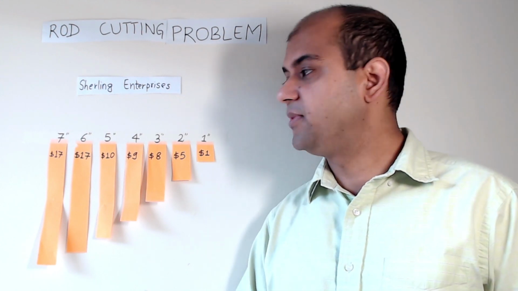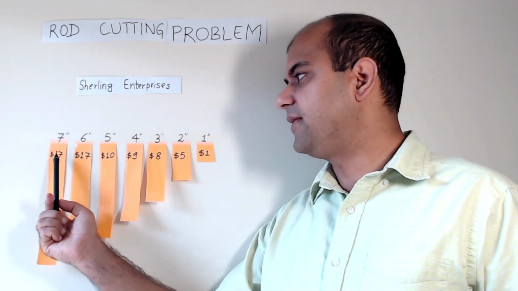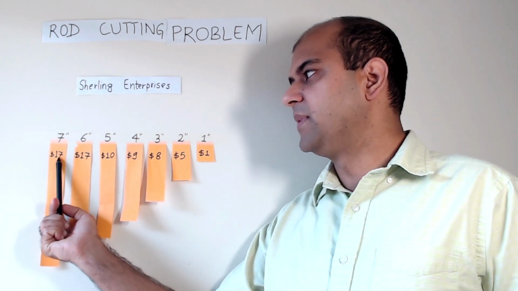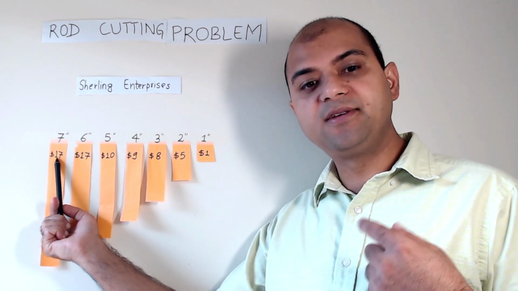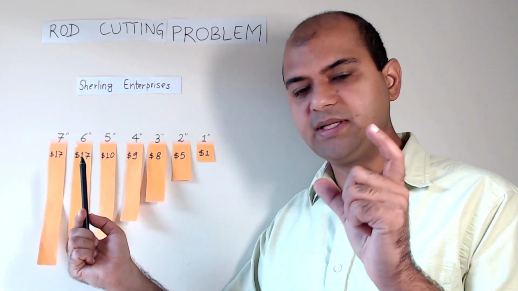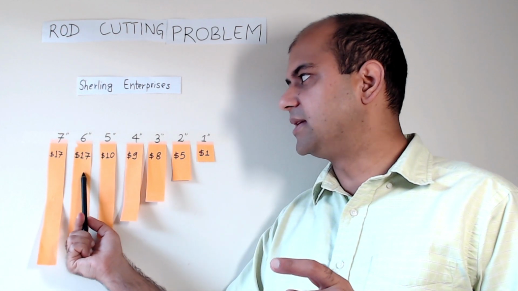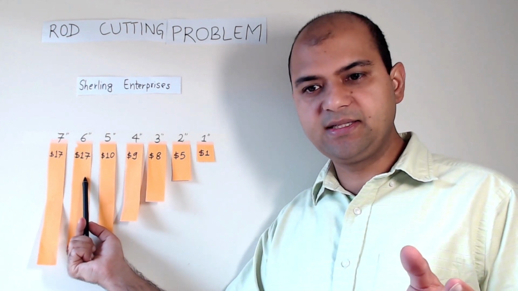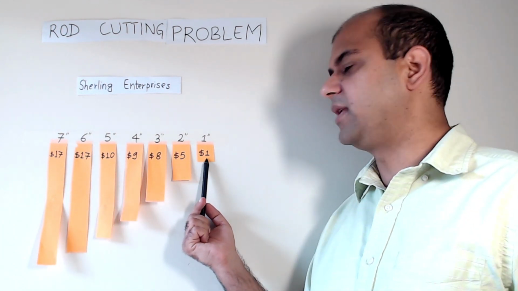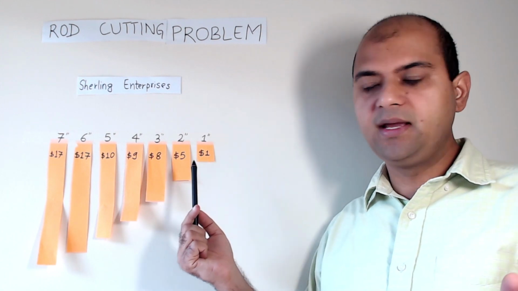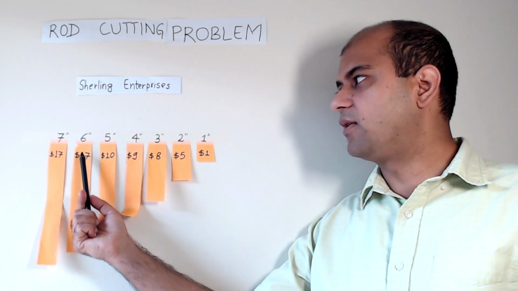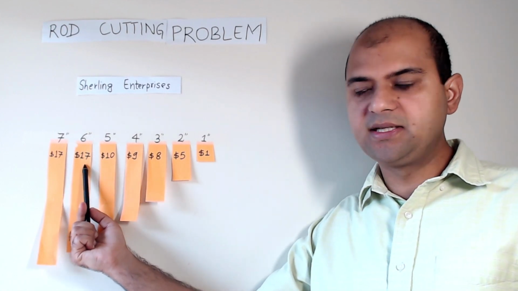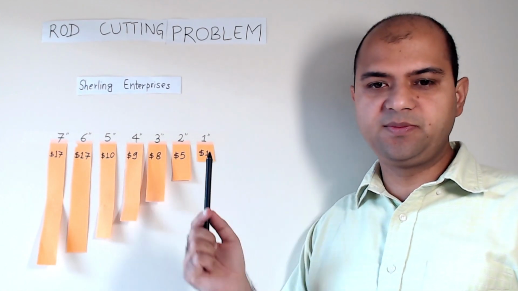Obviously, if I have a rod of length 7 inches, then instead of selling it as it is, it is wiser to cut it into 2 pieces. The first piece will be of length 6 inches and the second piece will be of length 1 inch, right? This way I will make $18 because $17 will come from the 6-inch piece and then $1 will come from the 1-inch piece.